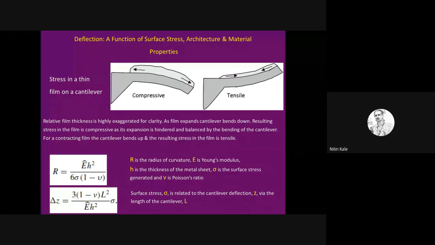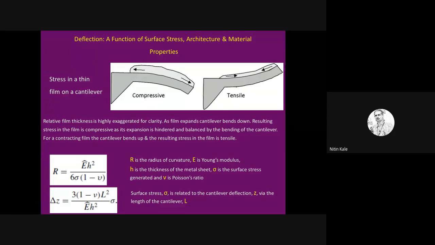You may have on a cantilever a compressive stress or a tensile stress, and accordingly you will have the bendings. What is important here is that this bending is going to have a certain radius of curvature, and this bending is going to have a certain deflection, given by delta Z. Now, the radius of curvature is a function of the material properties and the geometry of the cantilever structure.